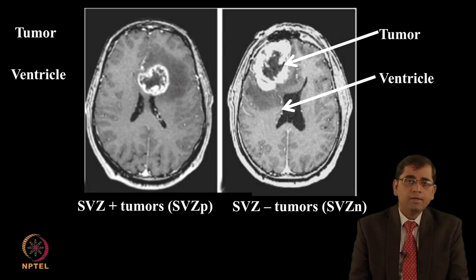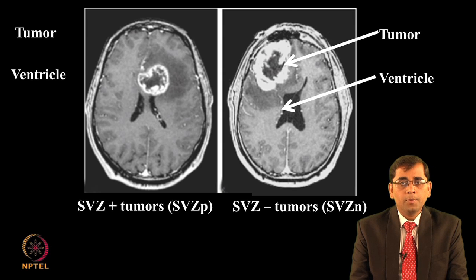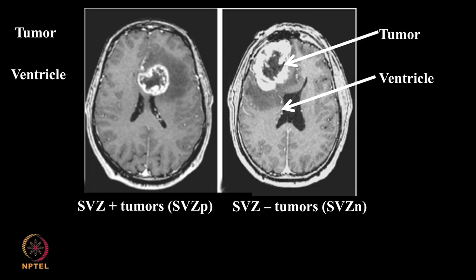It has been observed by the clinicians that if glioblastoma multiforme tumors occur in subventricular zone of the brain known as SVZ positive, the prognosis of such patients are poor as compared to the grade 4 tumor occurring outside the SVZ region or SVZ negative.